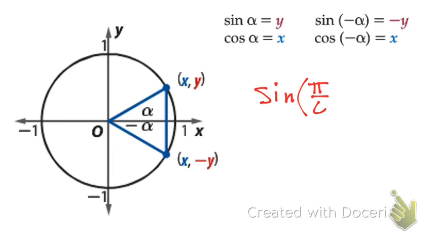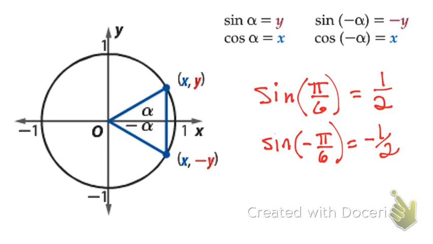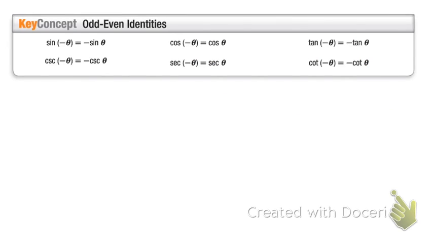So I can see that sine of pi over 6 is 1/2, and sine of negative pi over 6 is negative 1/2. Cosine of a negative angle is not going to change the value. All right, and those are given in our properties here for our identities.